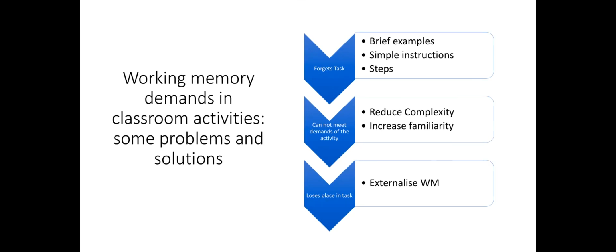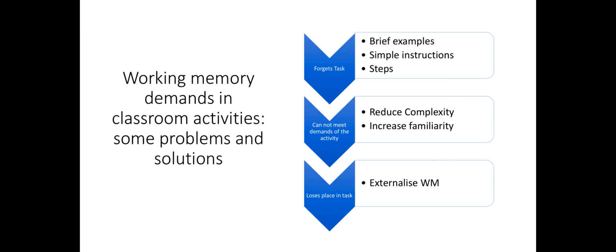So when we're looking at particular issues within the classroom, if individuals are forgetting tasks, think about really brief examples, really simple instructions, breaking things down into specific steps. If they're not meeting the demands of the activity, reduce that complexity, increase that familiarity. So it might be that we're doing that scaffolding, or we're doing more strategic, more explicit, small parts of giving instructions in the first place.